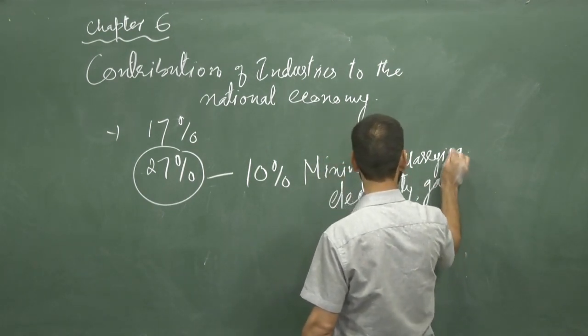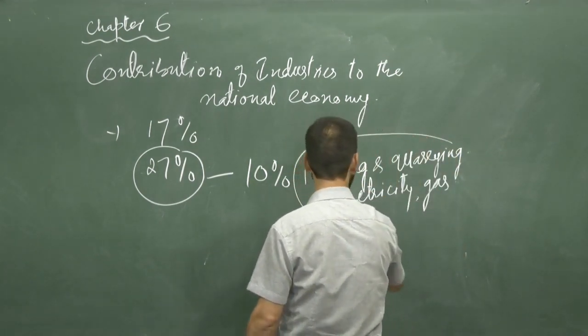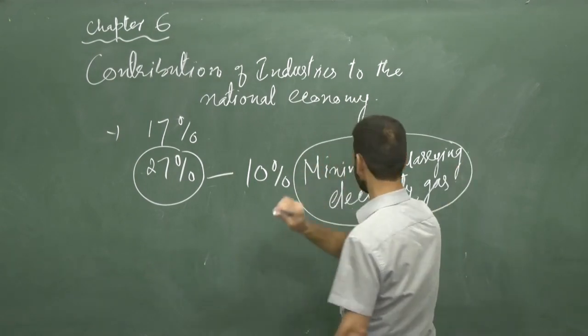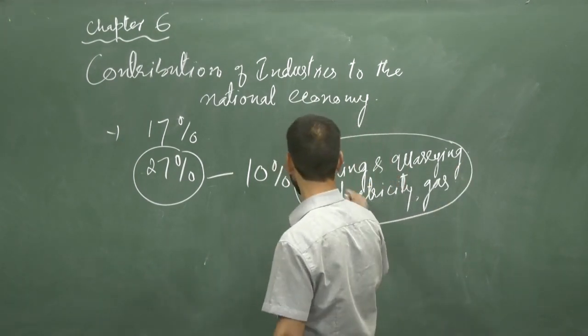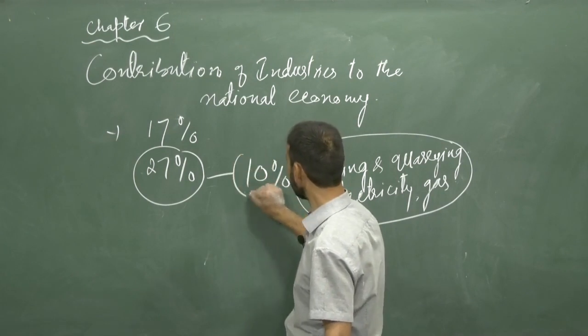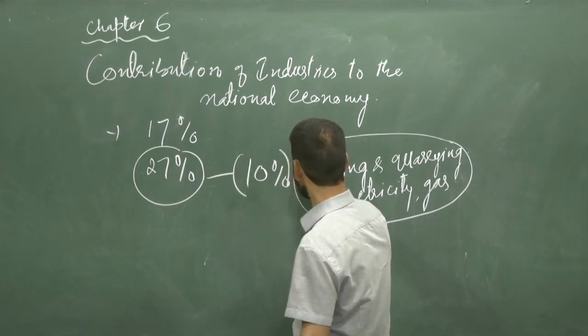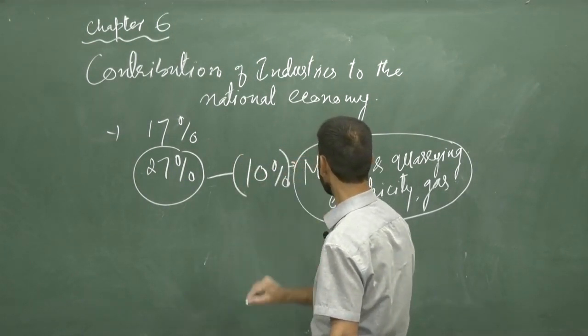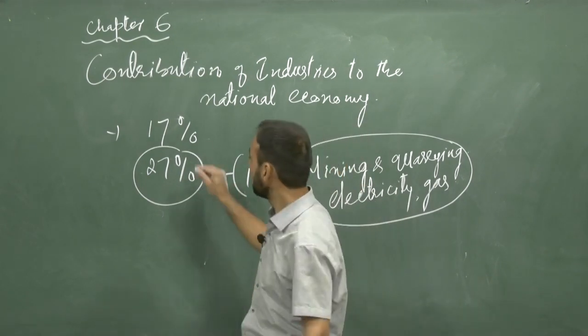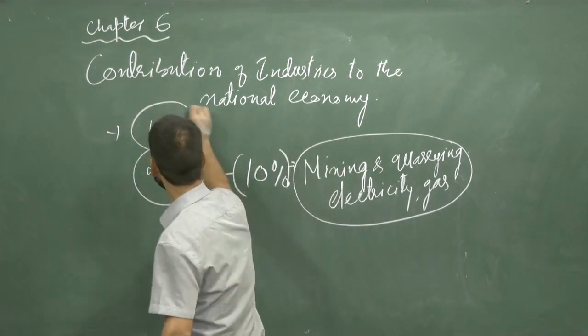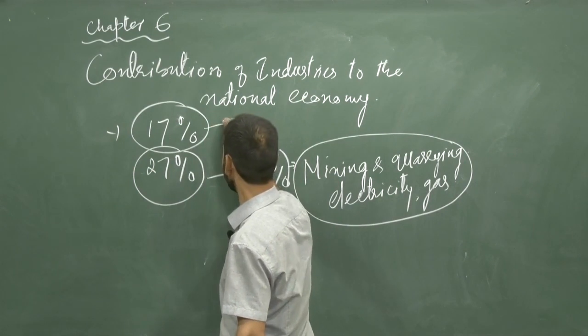These are the things which are required for the industries through which they can run. It is the profit of 10% which industries are getting. This is a 10% profit, and this is the 17% GDP which industries have contributed.